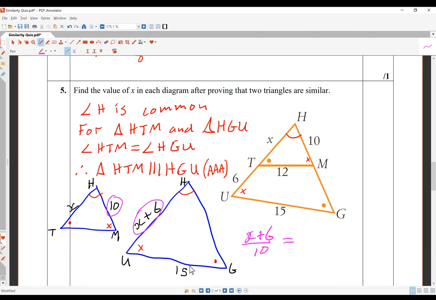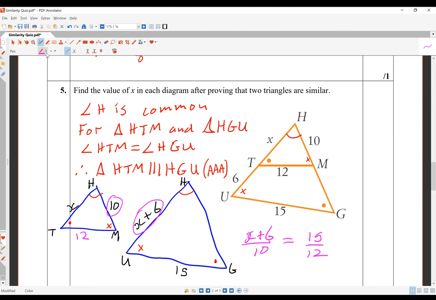And then if we start with the 15, that's the dot and the cross there. Actually, we've got to put the 12 for the TM. That should be 12 there. So the dot and the cross there are 15, and the dot and the cross here are 12. So then we've got 15 over 12 here.